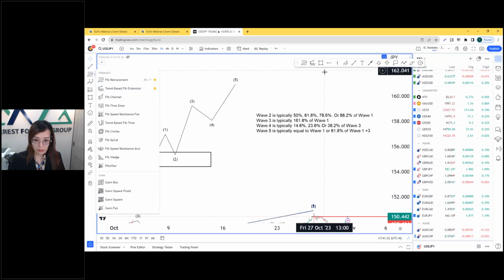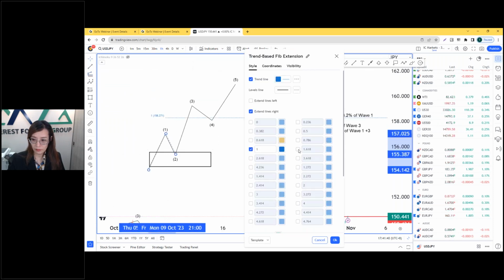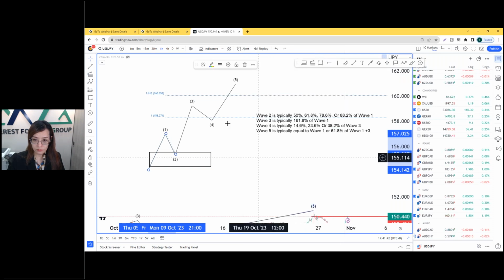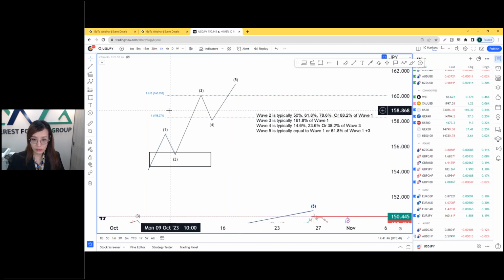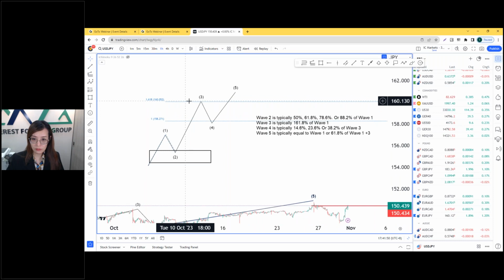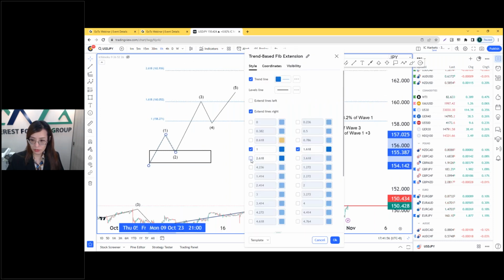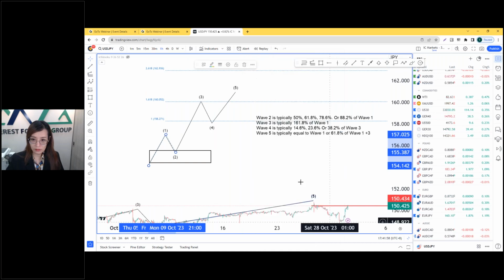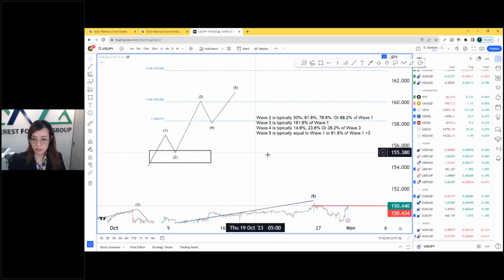So you draw Fibo extension, and this is wave 3, 161.8%, but sometimes it could go up to 261.8%, which could go up to here. But in this case I just put 161.8% for you to see first.